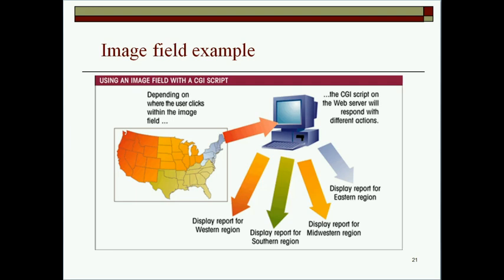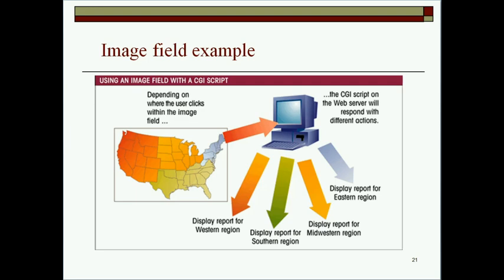One example where image fields are useful is the following. Let's say you provide a map, and then a user submits a click, and out of the click you are trying to identify what the user is interested in. So let's say that your form handler is a program that provides reports for different regions in the US.